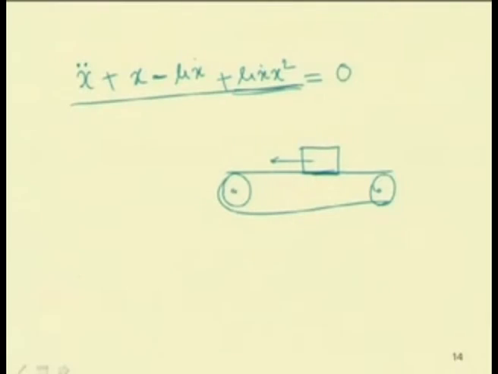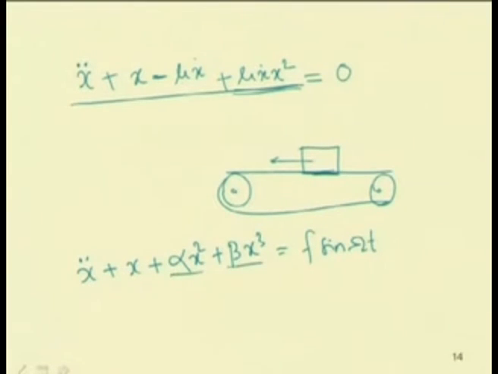In the addition of a quadratic term, the Duffing equation reduces to this form: x double dot plus x plus alpha x square plus beta x cube equal to f sin omega t. So, here you have a quadratic term and a cubic term.